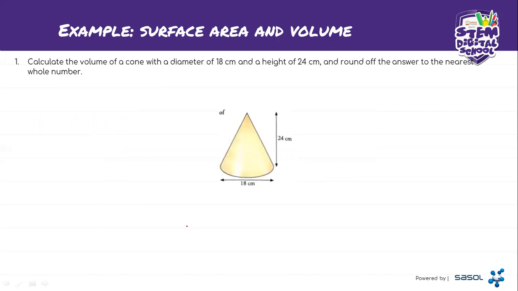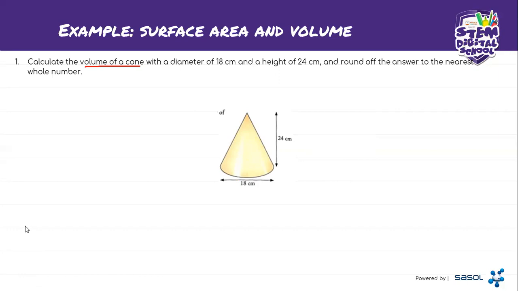All right, we have another question, and this question says, calculate the volume of a cone with a diameter. You can see there is a diameter down there. Sorry, let me just remove this. All right, of 18 centimeter, and the height of this cone is 24 centimeter, and round off the answer to the nearest whole number.